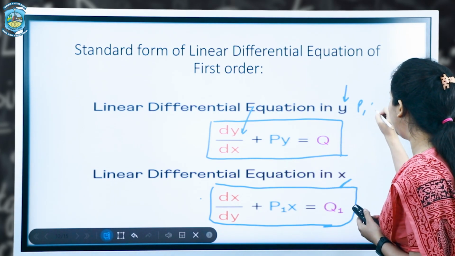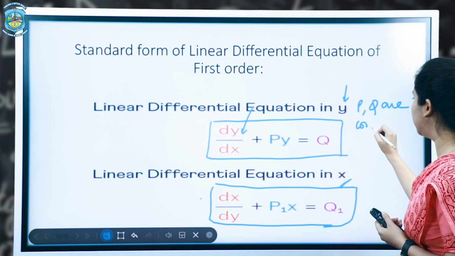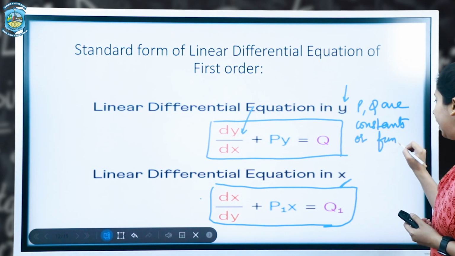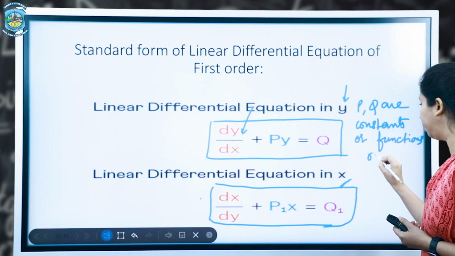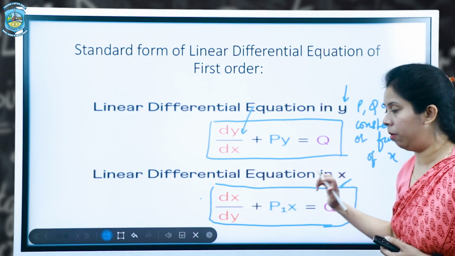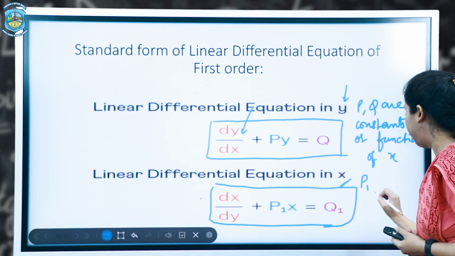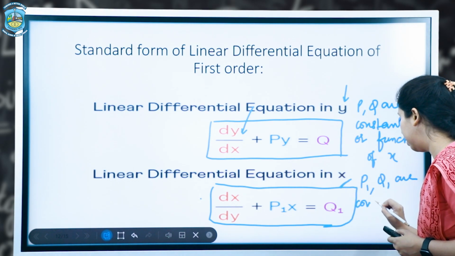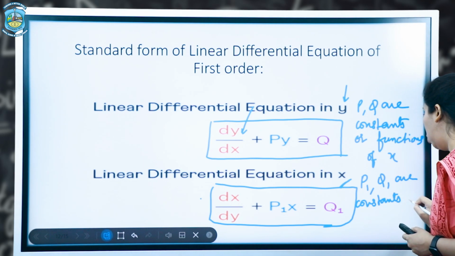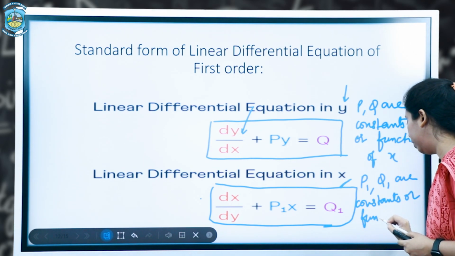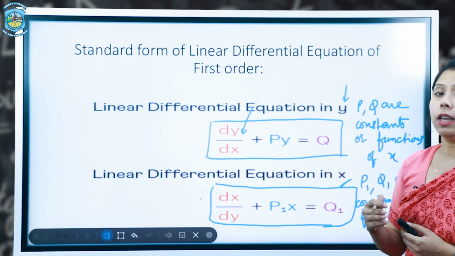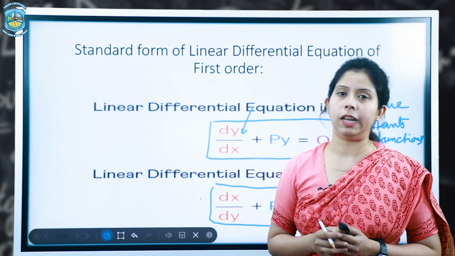For the first form, p and q are constants or functions of x, and for the second form, the P1 and Q1 are either constants or functions of y. So these two are the standard forms of linear differential equation.